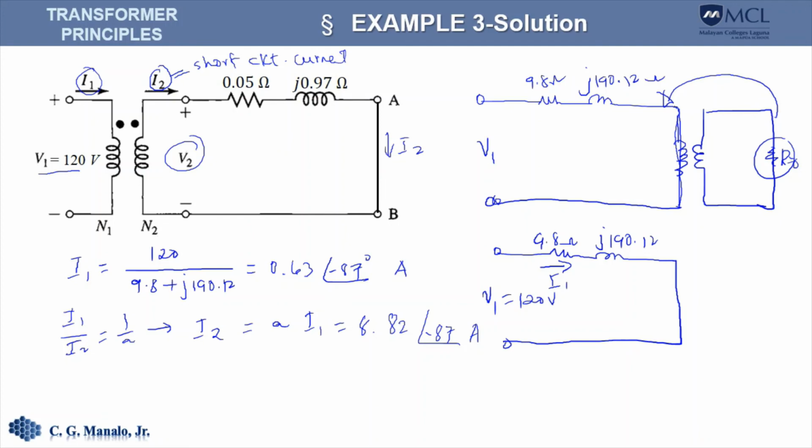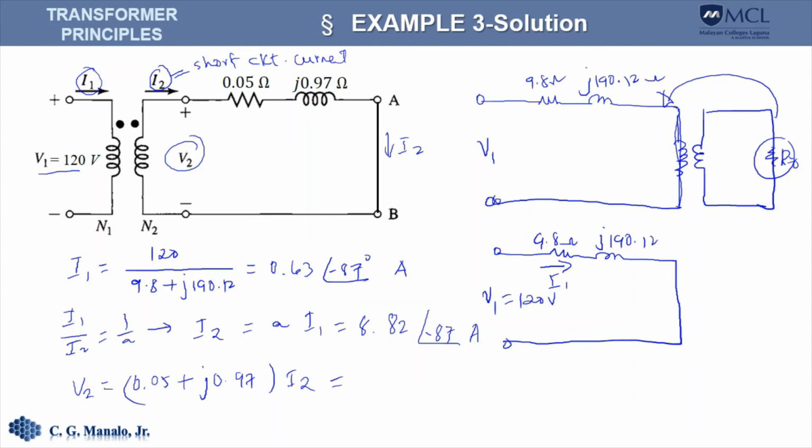We can also compute for V sub 2, the voltage across the secondary winding, based on the original circuit: 0.05 plus j0.97 times I sub 2.